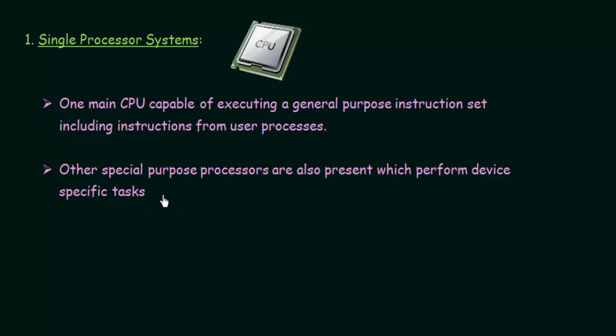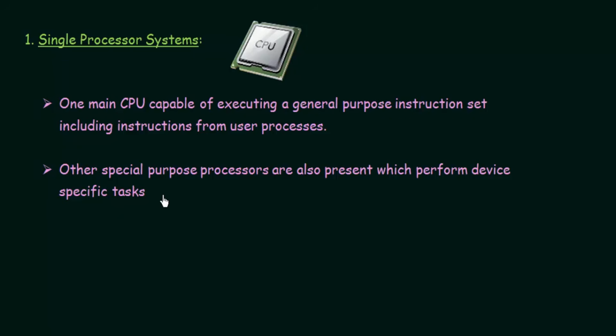Now what do we mean by this? This means that we have certain devices in our computers like our keyboard, our disk and so on. For all of these, there may be a microprocessor specialized to do a specific task related to that device. Like for example, let's say that we have our keyboard.